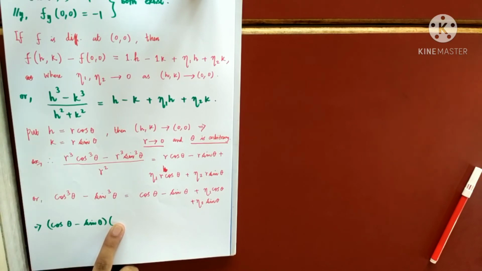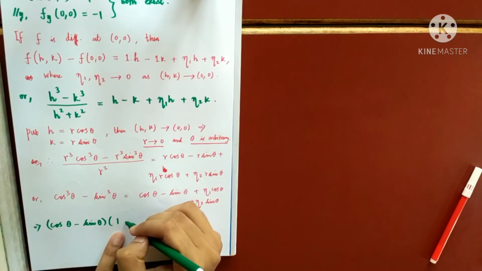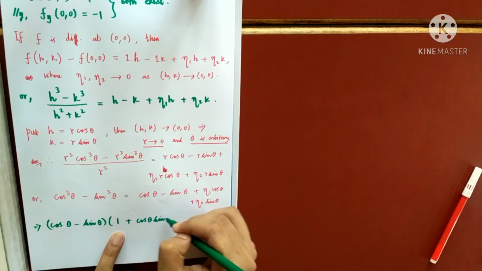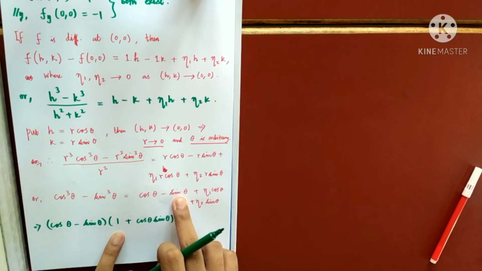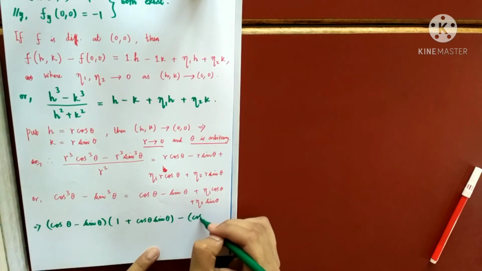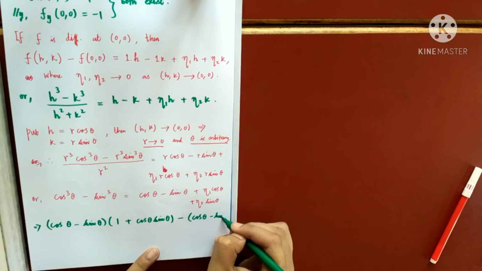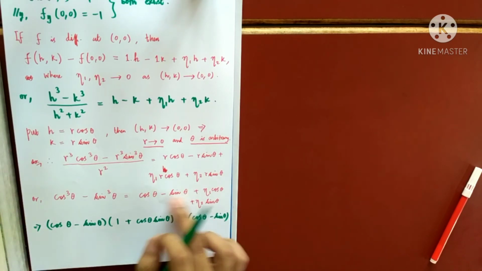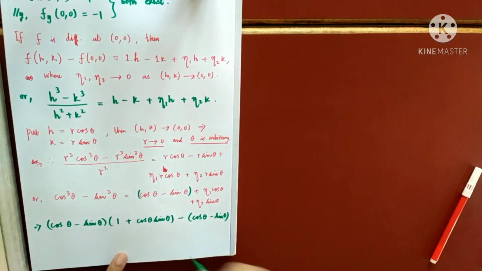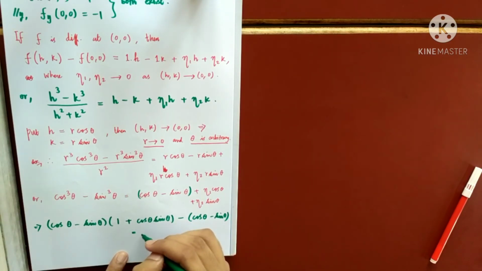So cos square theta plus sin square theta is 1, plus ab, which is cos theta sin theta. So the left hand side is this. Sending this to the left hand side, the plus becomes minus cos theta minus sin theta, and the right hand side is this.